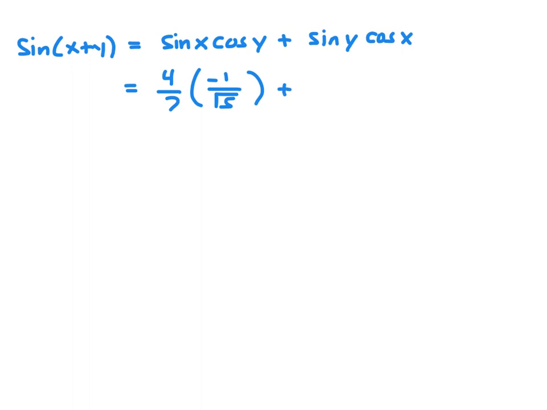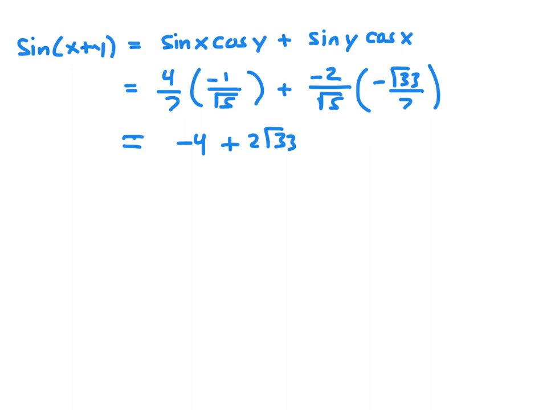The sine of y we just found to be -2 over the square root of 5. And cosine x is negative square root 33 over 7. We can then simplify this to become -4 plus 2 square root 33 all over this common denominator of 7 square root 5. And so this is the value for the sine of x plus y.